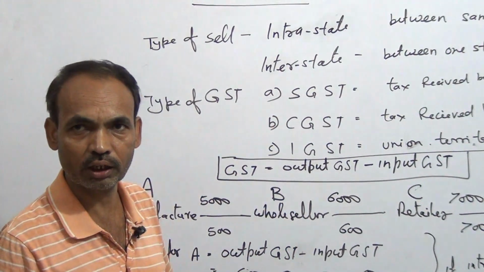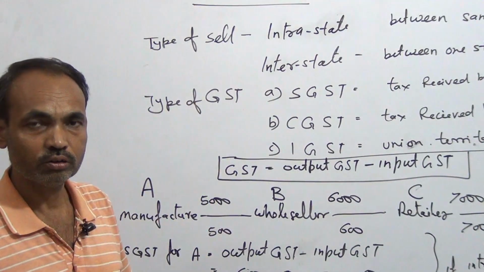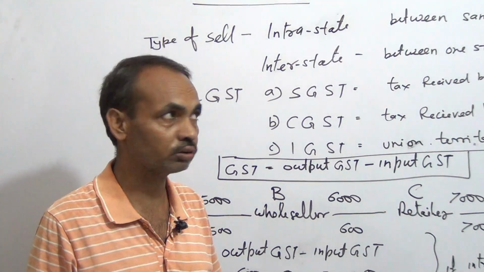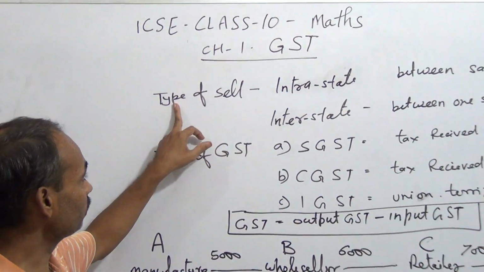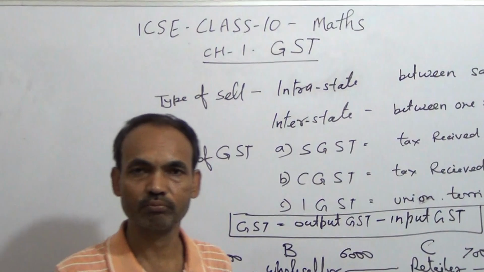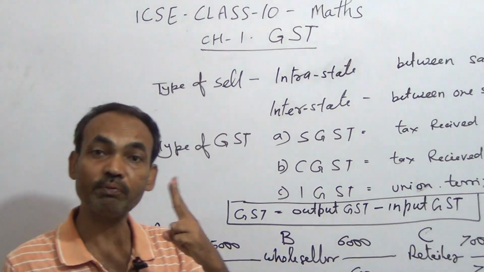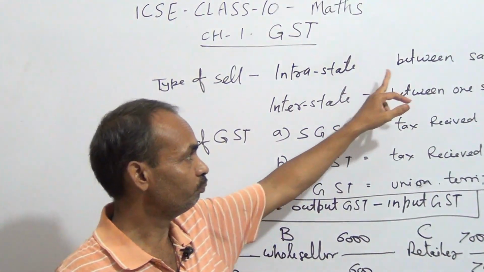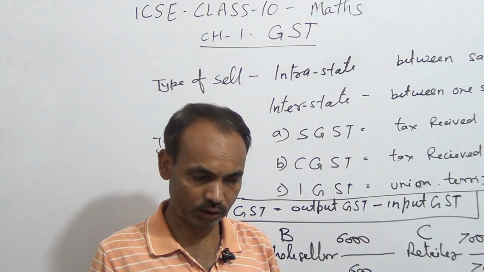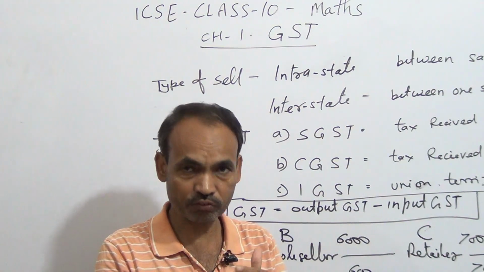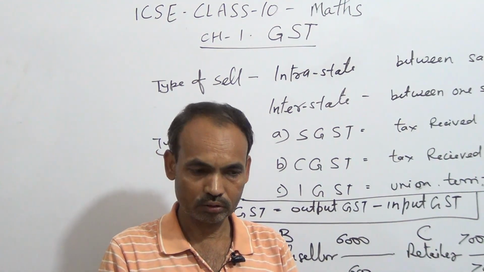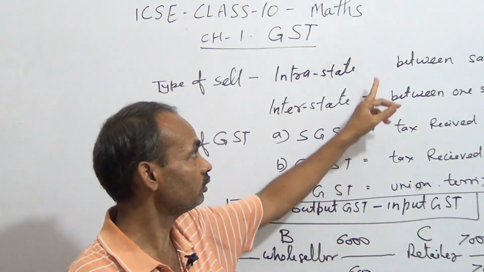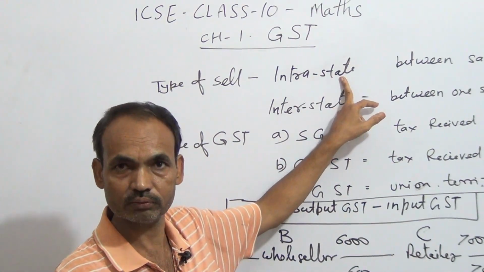Now we will start. First of all, to understand the topic GST, goods and service tax, we will discuss the types of sale. There are two types of sale: intra-state, between the same state. If the goods are sold within the same state, meaning the seller is in UP and the customer is in UP, then it is known as intra-state selling.